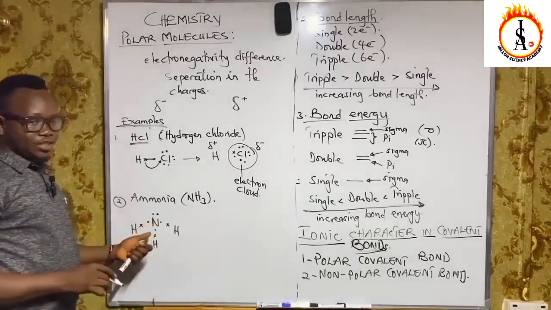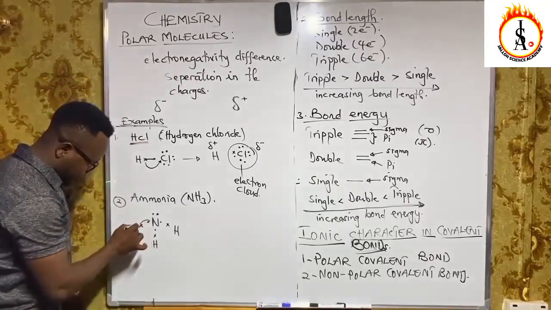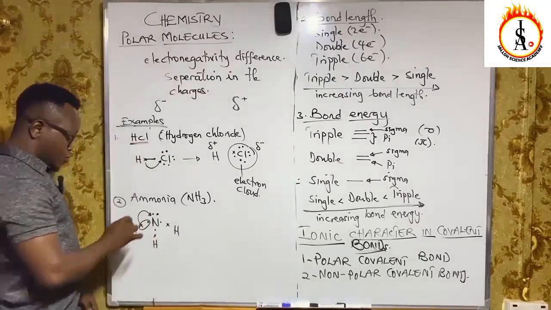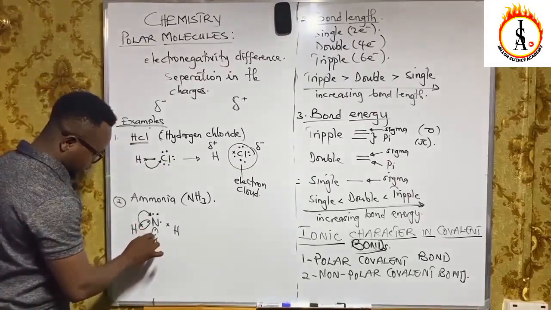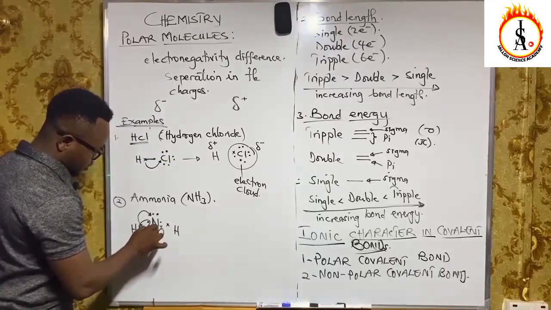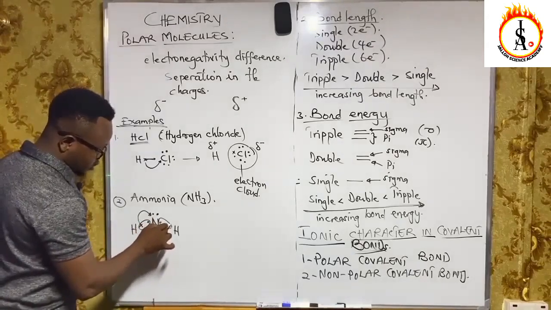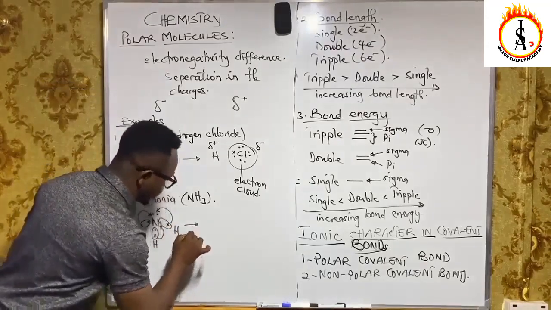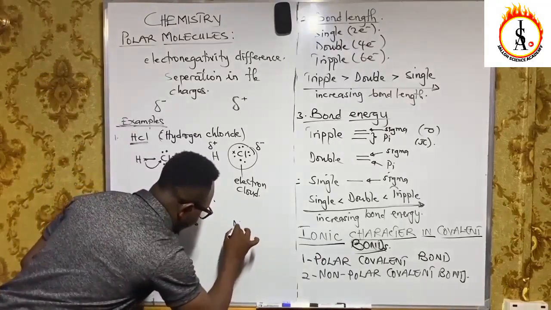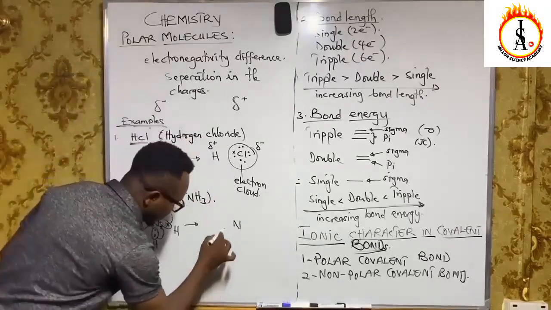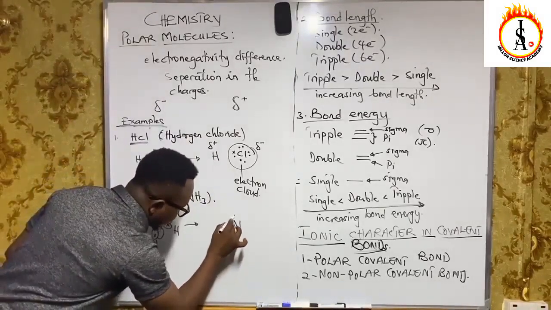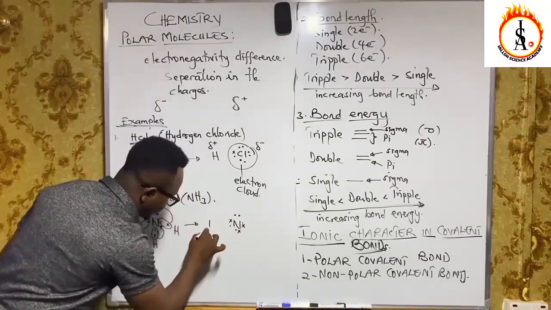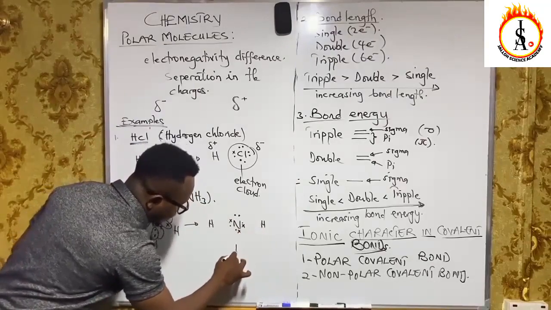So being that this nitrogen is electronegative, this electron here is going to be tilted towards the nitrogen atom, and the electrons here also tilted towards the nitrogen atom, and the other electrons in this bond here tilted towards the nitrogen atom, thereby producing this. You have the nitrogen here at the center, and then you have the electron cloud coming around the nitrogen, and you have the hydrogens here staying far off.